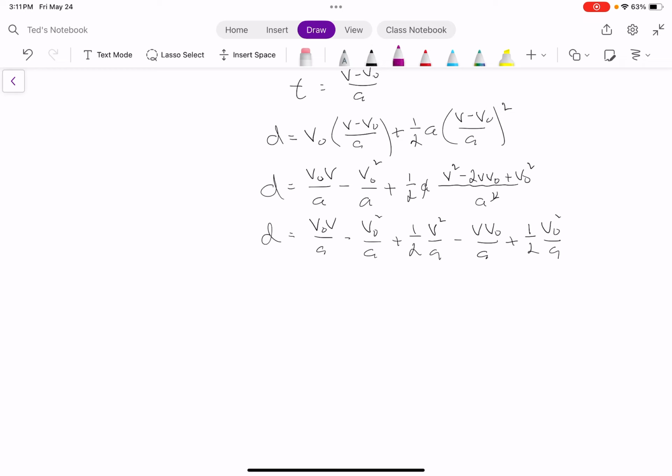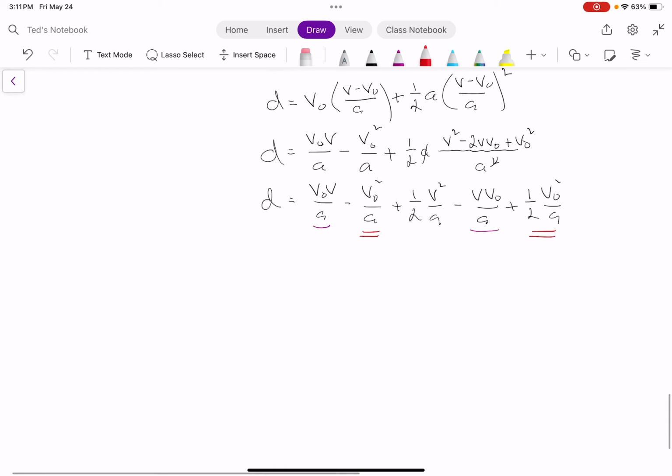Now, this term and this term cancel. And this term and this term don't cancel, but here I have negative v0 squared over a and plus 1/2 v0 squared over a.